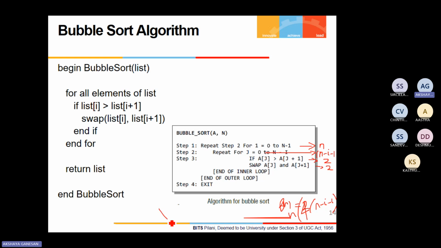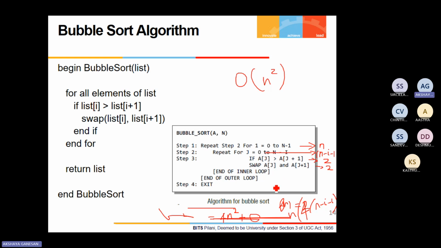So roughly you will have something like 4n squared plus some constant. So order will be n squared. Time complexity will be in terms of n squared because you have 2 iterations.